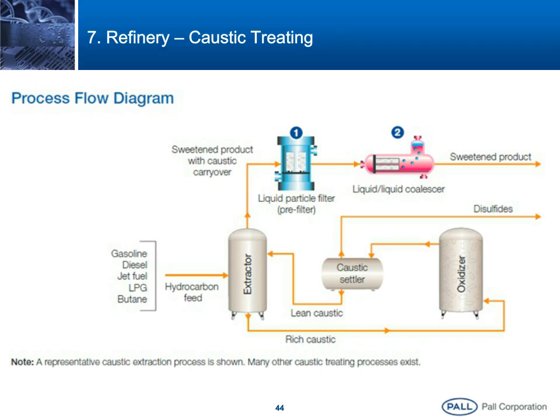Caustic treating is used extensively in the refinery environment. On the flow diagram here, we can see an example of a simple Merox treater. One of the issues with many caustic treating processes is that there may be trace carryover of caustic from these different caustic treating processes, creating high sodium levels in the fuel or hydrocarbon passing downstream.